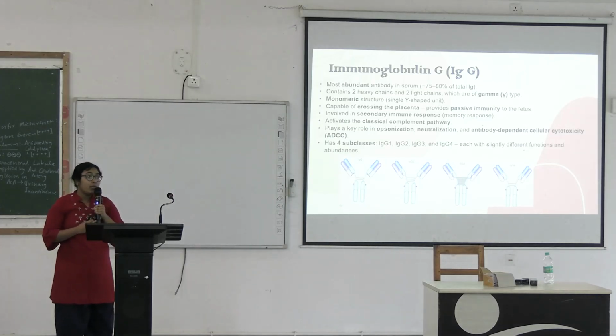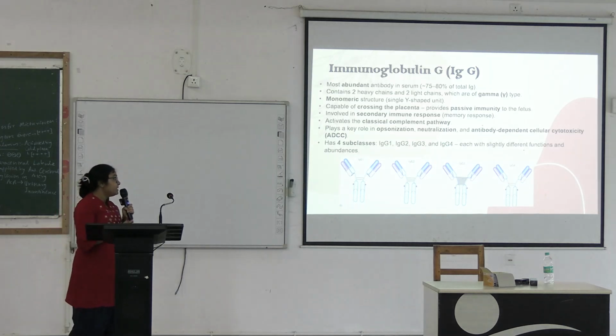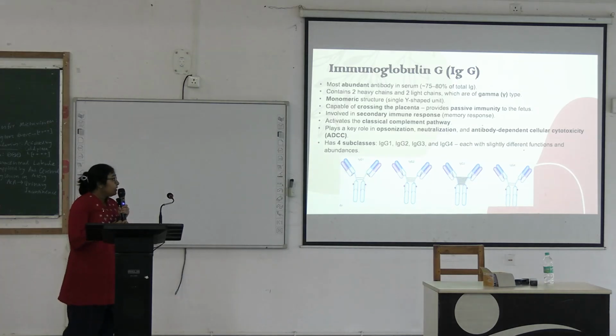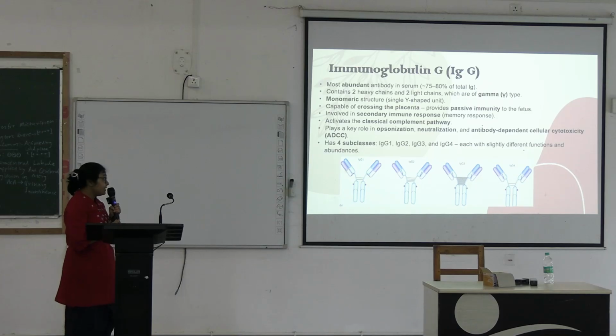Activates the classical complement pathway, plays a key role in opsonization, neutralization, and antibody-dependent cellular cytotoxicity. Has four subclasses, IgG1, IgG2, IgG3, and IgG4, each with slightly different functions and abundances.